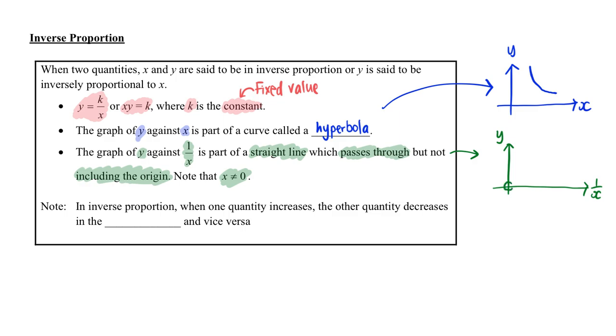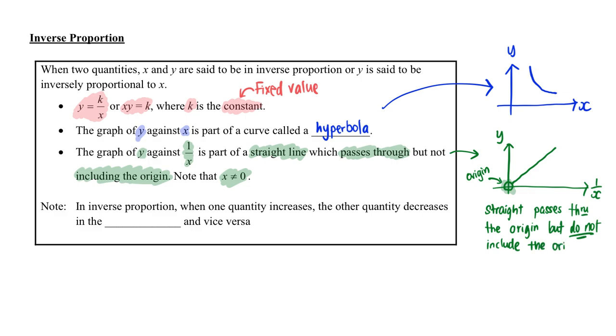Actually, we will draw a circle to denote that for this particular point, the origin, the straight line thus passes through the origin, but does not include the origin.